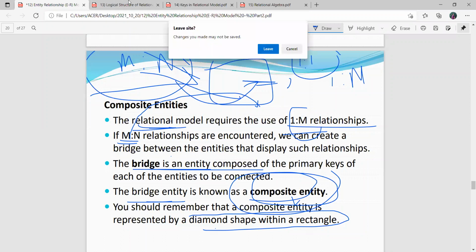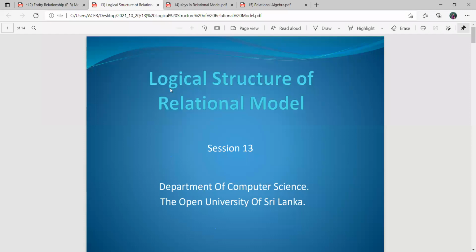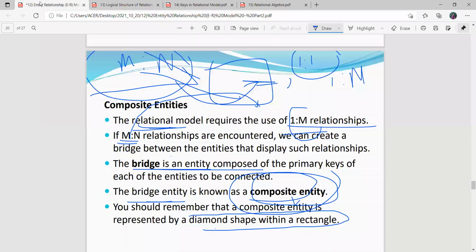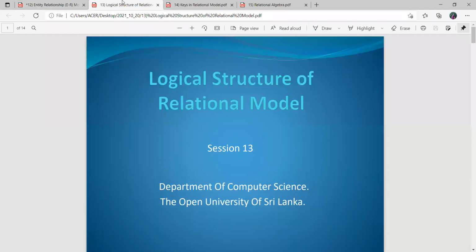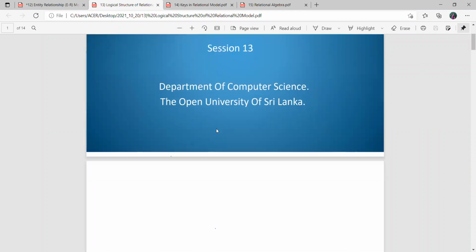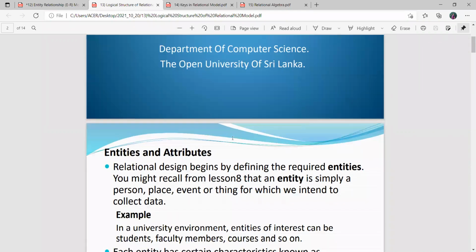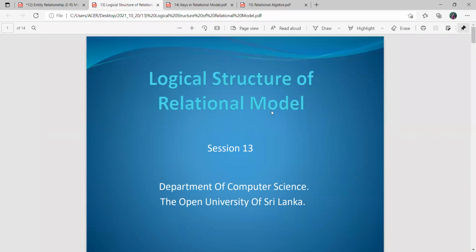Again, we move into the logical structure, that means the logical structure of the relational model. This was about the entity relational model. Now we are moving to the relational model. When we consider the relational model, what is the basic data structure of the relational data model?